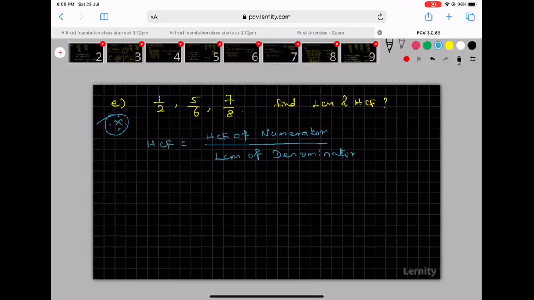If you want to find LCM, then LCM of numerator divided by HCF of denominator. This is the formula for the fraction. Shall I move to next slide?